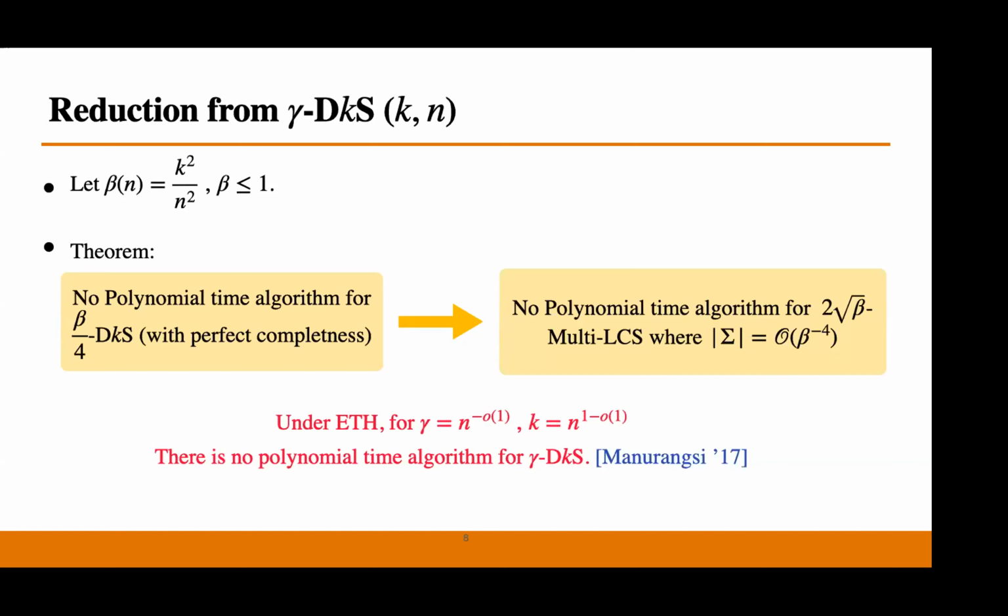Combining this theorem with the result of Manurangsi, which says that under the exponential time hypothesis there is no polynomial time algorithm for gamma densest k-subgraph, proved for gamma being n to the minus small o(1) and k being n to the power 1 minus small o(1), we get our result. So this is it. Thanks for listening.